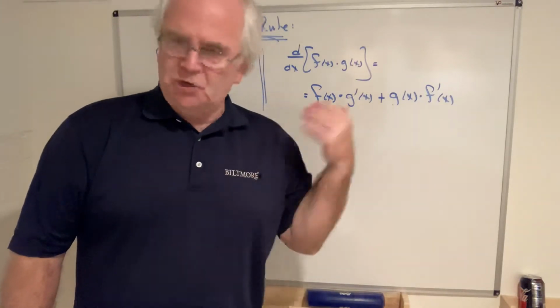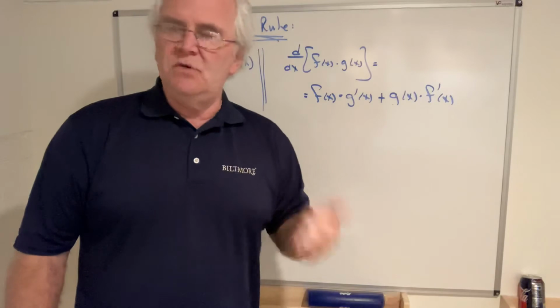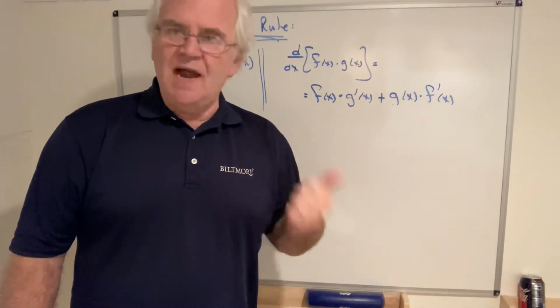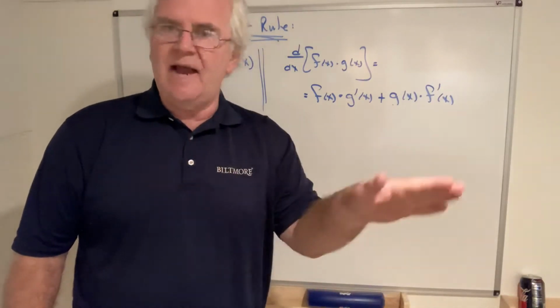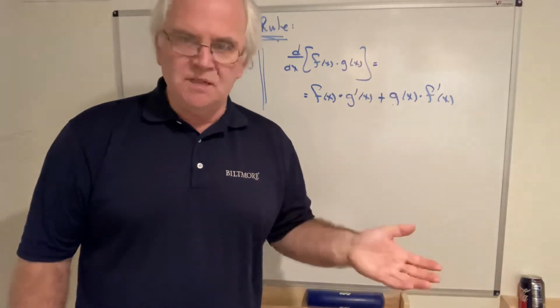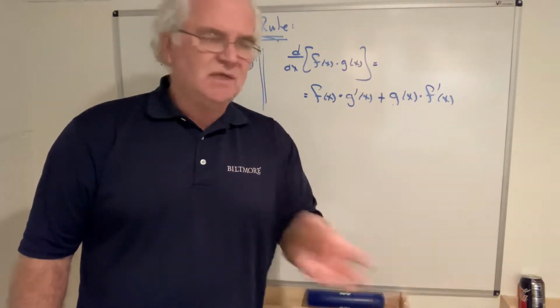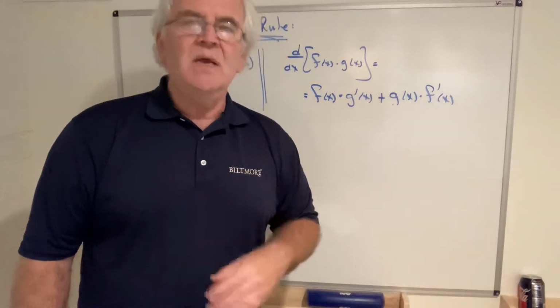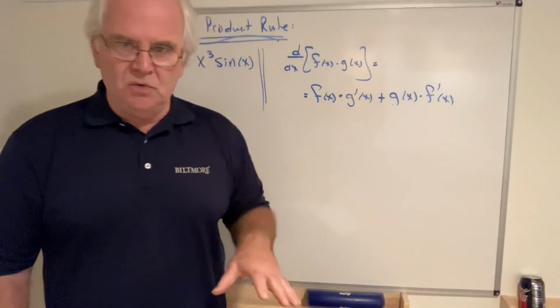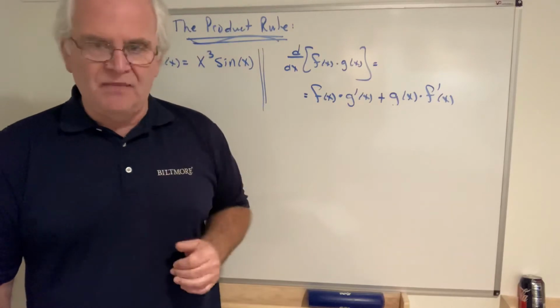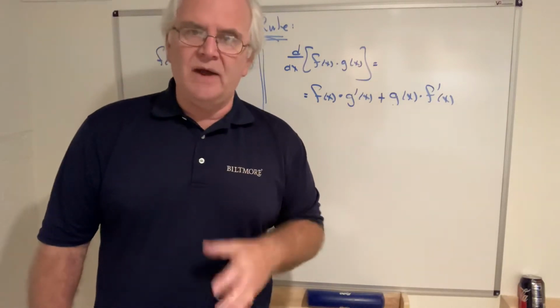I'll show you what this means in just a minute. If you do the product rule and you did not copy and paste, I'm telling you right now, it's wrong somewhere. If you do the quotient rule and you don't copy and paste, it's wrong. Go fix it. The chain rule, whenever we get to it, also requires copy, paste.